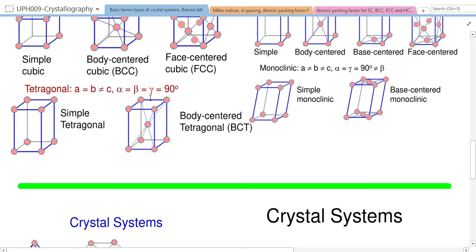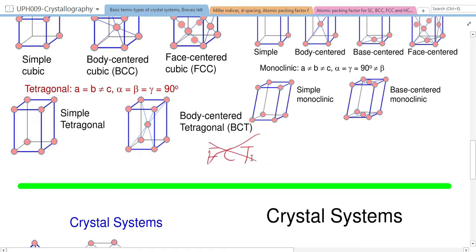You have a tetragonal system, the unit cell is tetragonal, and then you are putting one atom at the center, so you get BCT, body-centered tetragonal Bravais lattice. And I'm asking why there is no FCT, why this is not available.